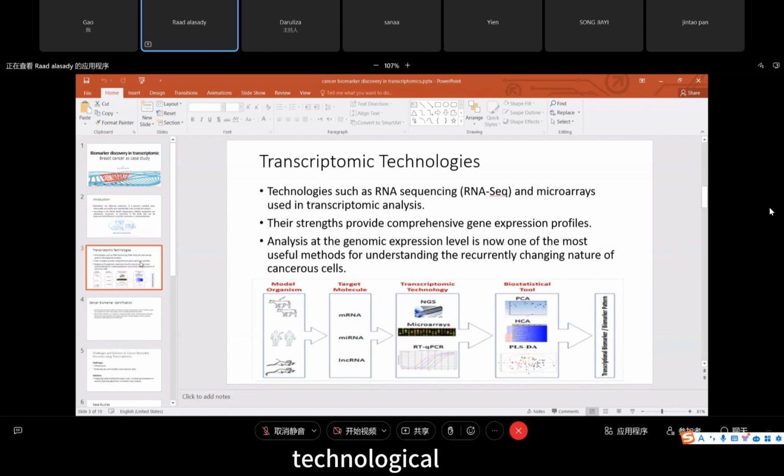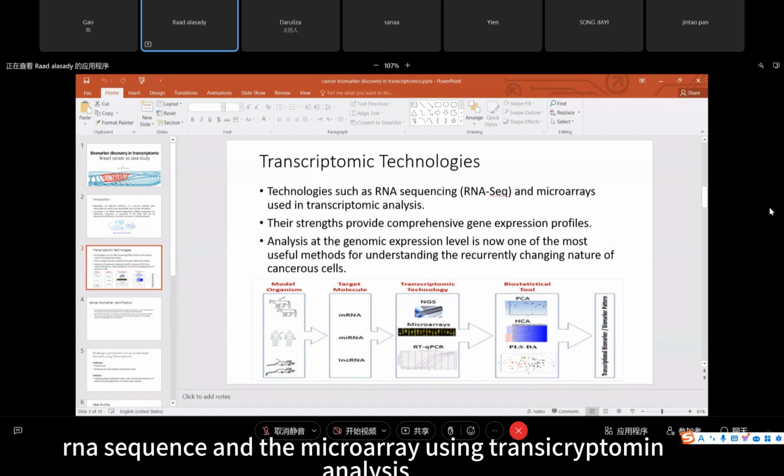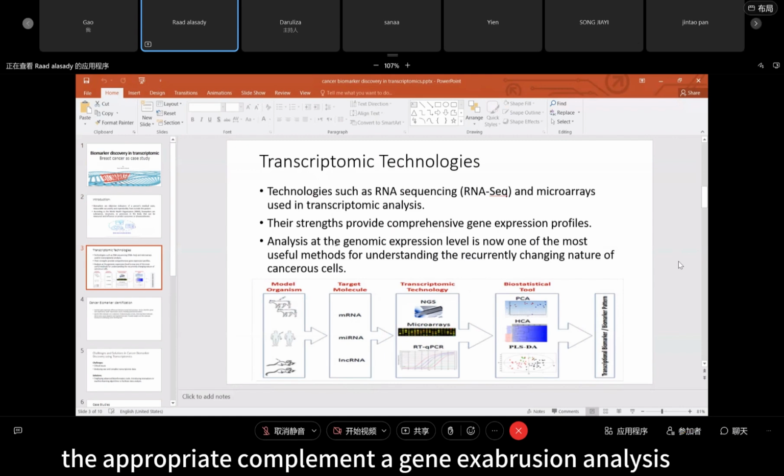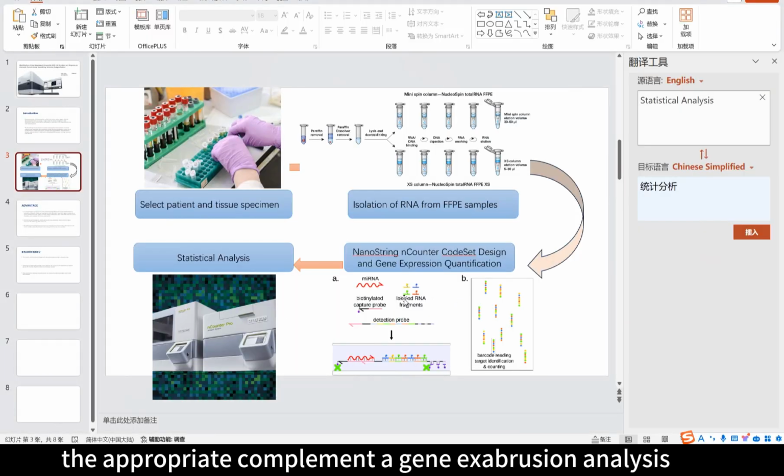Transcriptomic technologies such as RNA sequencing and microarray are used in transcriptomic analysis. They complement gene expression analysis.